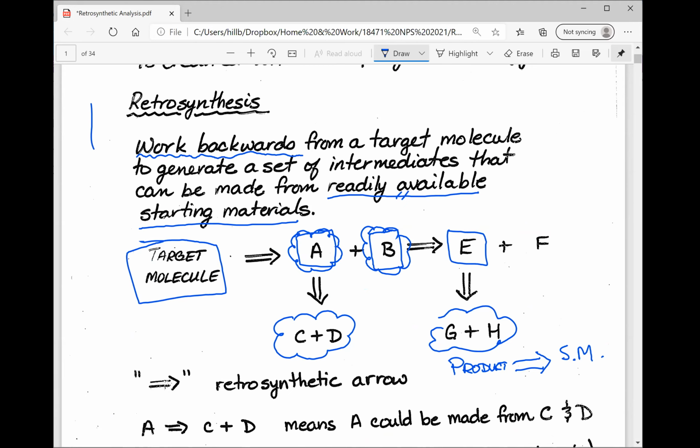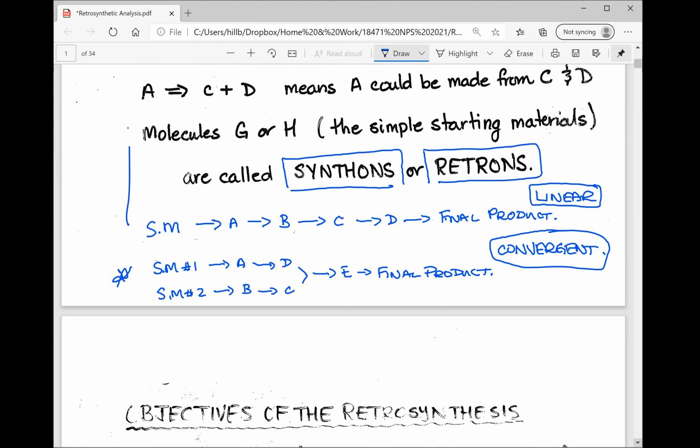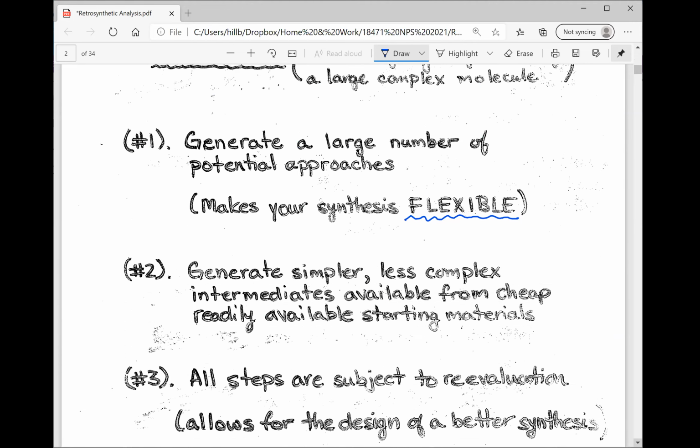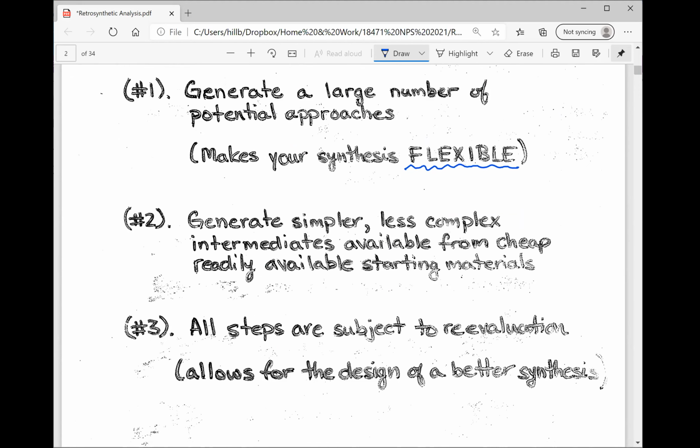So here it says we can make it from C and D, but if that doesn't work, you would certainly hope there was another version where you could make this from F and G. And when you're putting A and B together, because you've made two relatively complex intermediates, you'd want to make sure that last step is reliable.